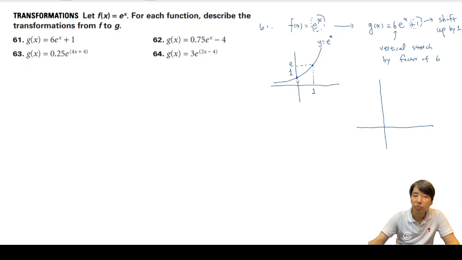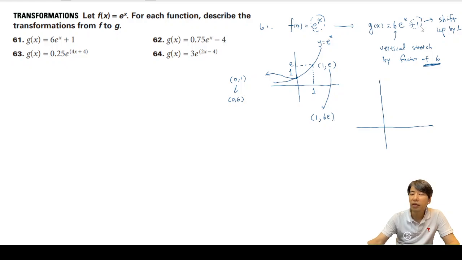Okay, this point right there, which is 0, 1, gets vertically stretched. So in this case, you have to multiply this 6 to y coordinate. So this becomes 0, 6. And this was 1, e. Okay? You have to multiply 6 to the y coordinate. So this reference point becomes 1, 6e.